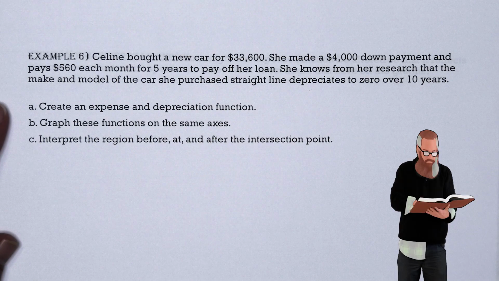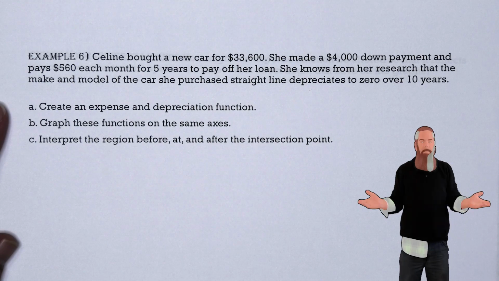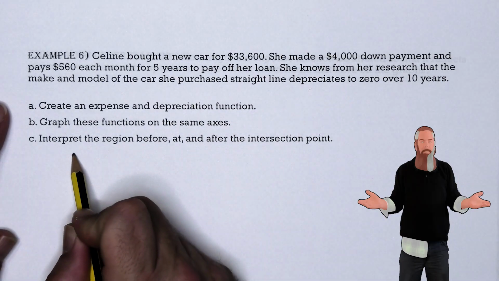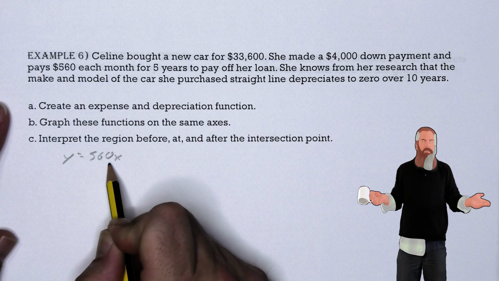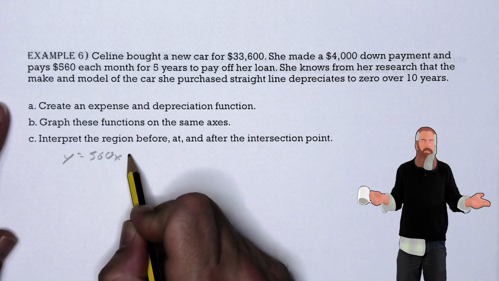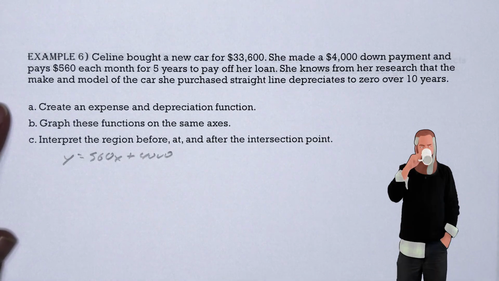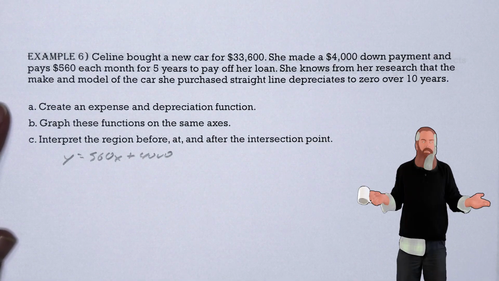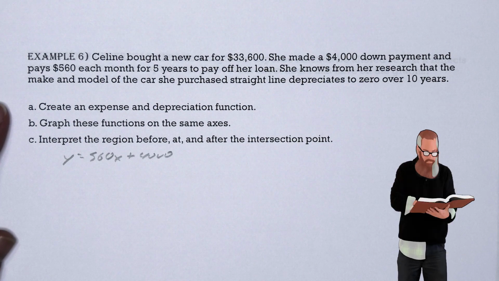Celine's expense function is the sum of her monthly payments over time, $560, and her initial down payment of $4,000. So we're going to wind up with Y is 560, her monthly payment, times the number of months, plus $4,000, her down payment. Since the time X is in months rather than years, we're going to need to express her depreciation function in terms of months as well.